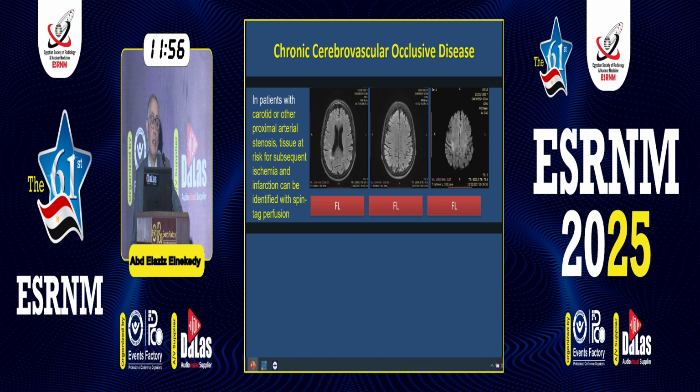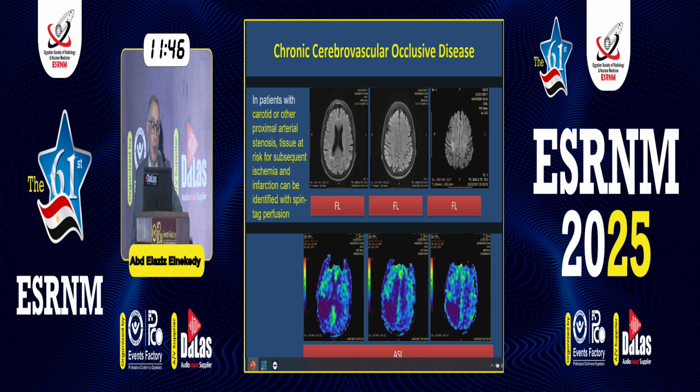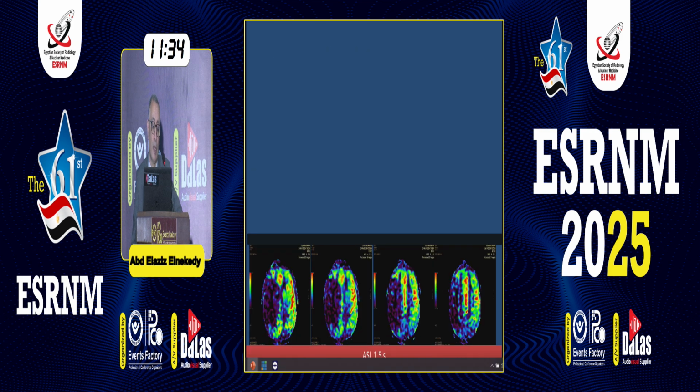In patients who presented with a chronic cerebrovascular occlusion, the diffusion and the FLAIR image may appear totally normal, with foci of ischemic changes without restricted diffusion, but on doing the ASL sequence, we can find areas of hypoperfusion like this, which is seen in the right parietal region. But take care.